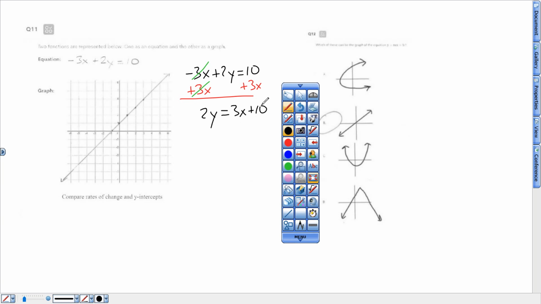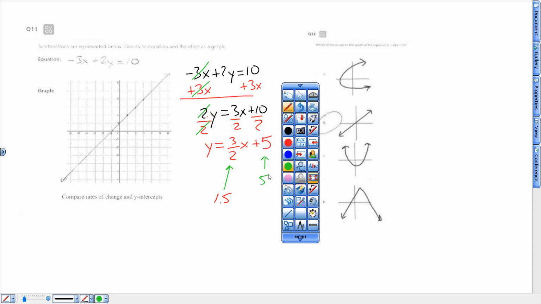Right there, divide everything by 2 because the opposite of timing by 2 was dividing by 2. And I can see for this one, I got y equals 3 halves x plus 5. This one has a slope of 3 over 2. If I divided that in my calculator, that's a value of 1.5. This one has a y-intercept of 5.